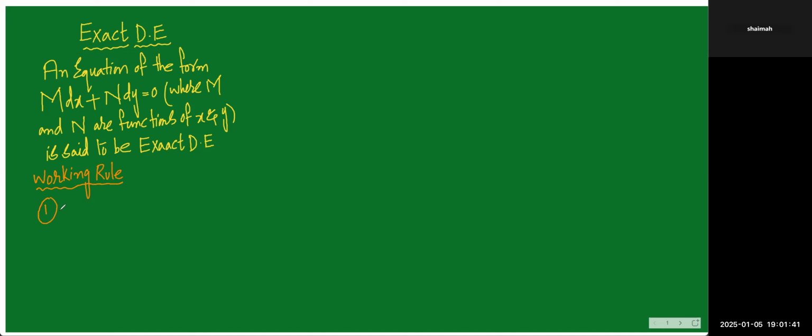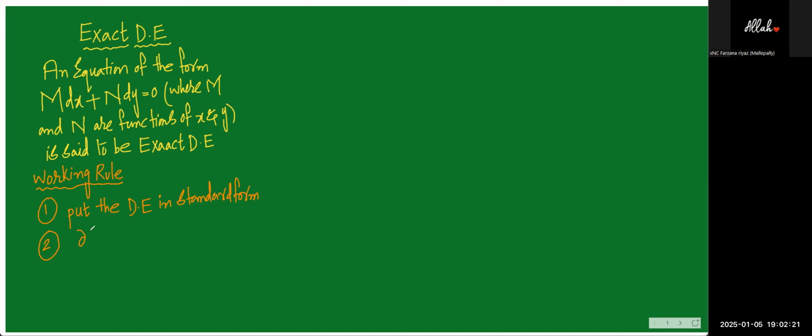Step number one when solving: put the differential equation in standard form. That is, M dx plus N dy is equal to 0. We have to put it in the standard form.